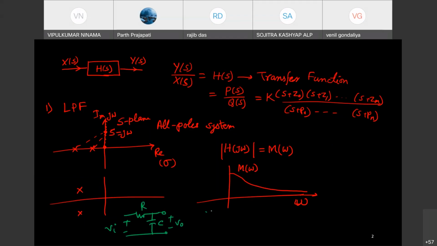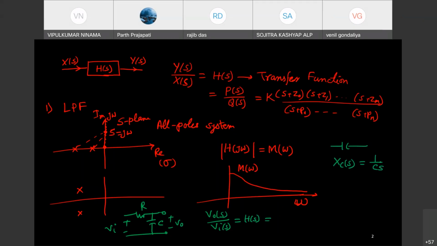In the Laplace domain, V0 of s upon Vi of s will give you the transfer function H of s. And you can find out the impedance of this capacitor. For a capacitor, its reactance Xc of s is 1 upon Cs.